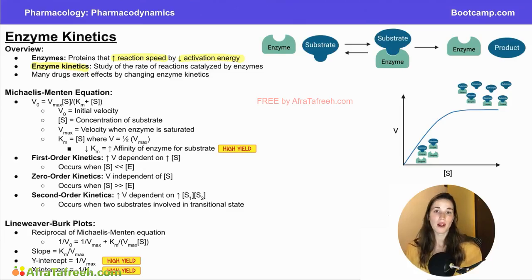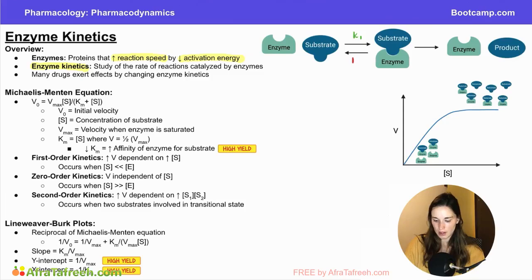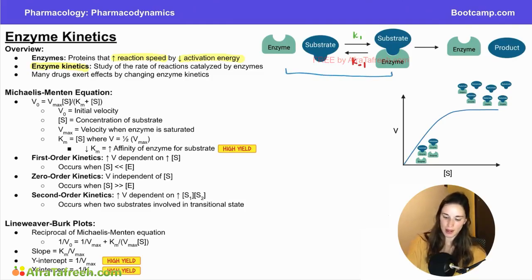We'll refer to the rate at which the enzyme and substrate come together to form the complex as K1, and this is the rate constant. And then we'll refer to the rate at which the substrate-enzyme complex comes apart into the enzyme and substrate in the reverse reaction as K-1. This first step of the reaction, where the substrate and the enzyme bind to one another, is known as the binding step.